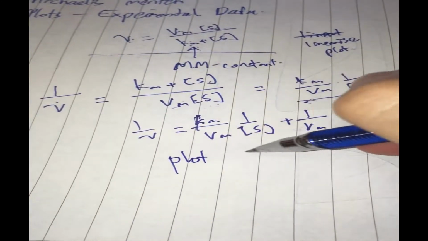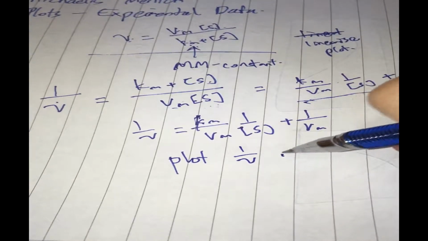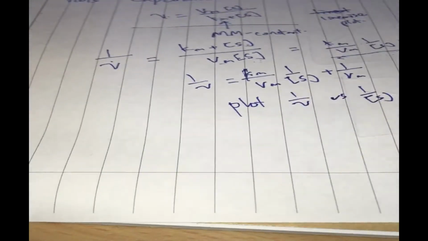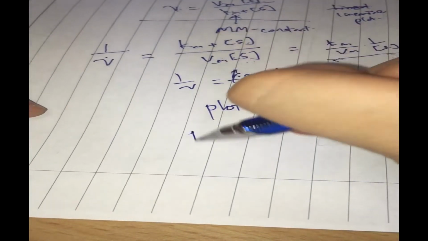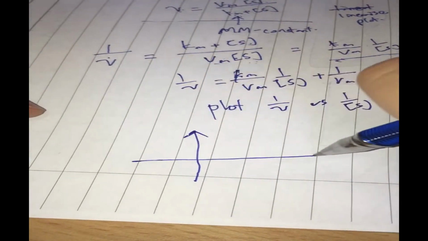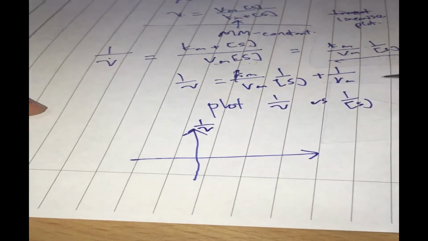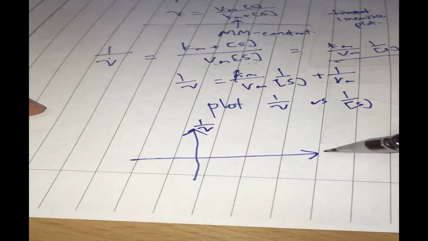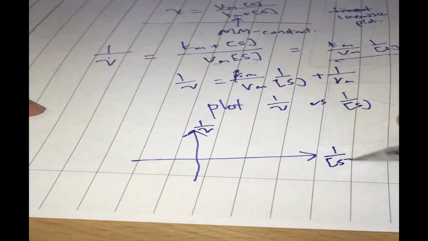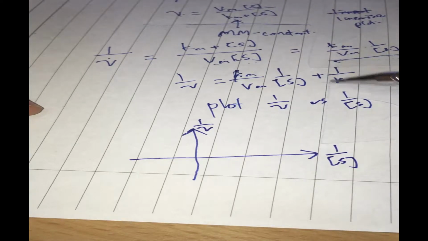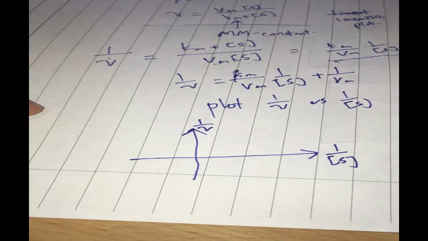You can plot experimental data of 1 over V versus 1 over S. So you will have this x and y axis. 1 over V will be your y-axis, 1 over S will be the x-axis, and this will be your slope, and this will be your y-intercept, or 1 over V-intercept.